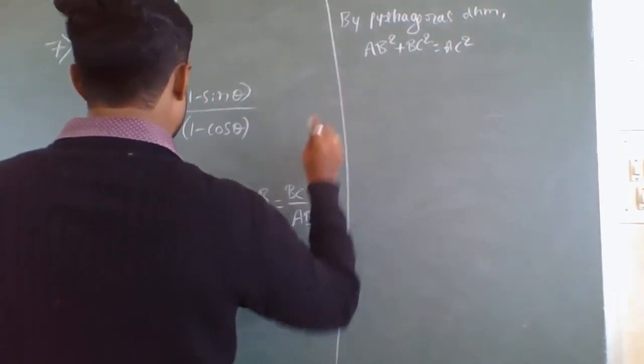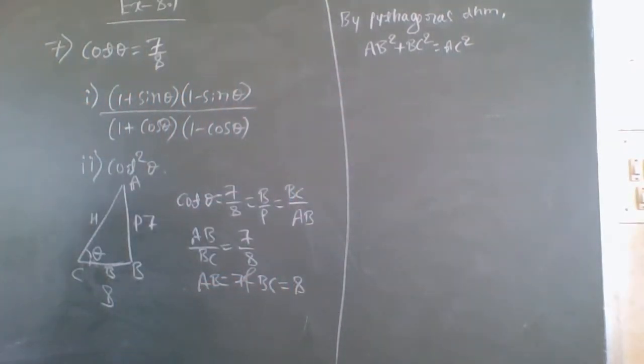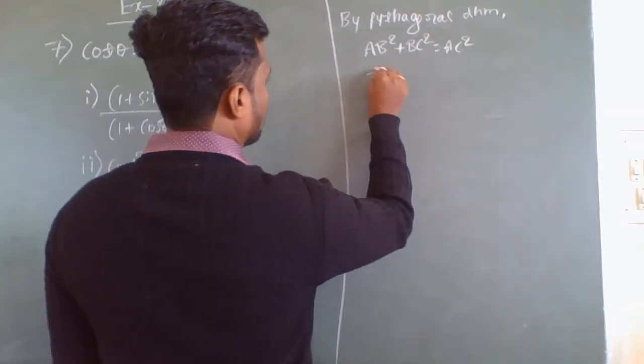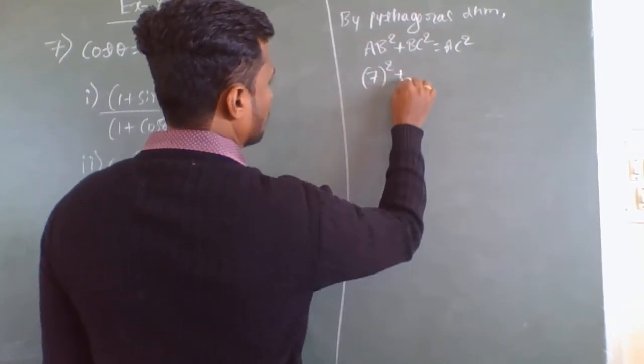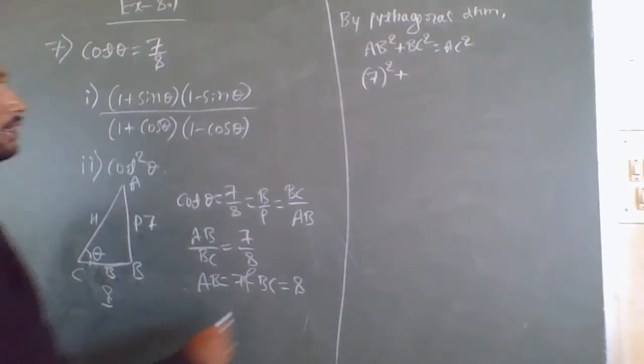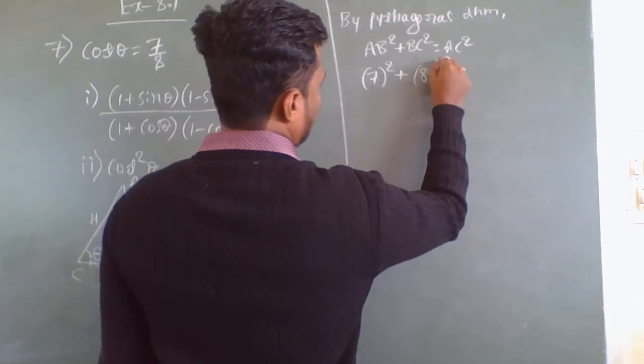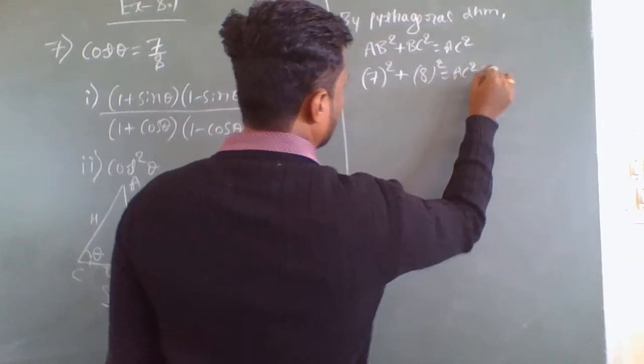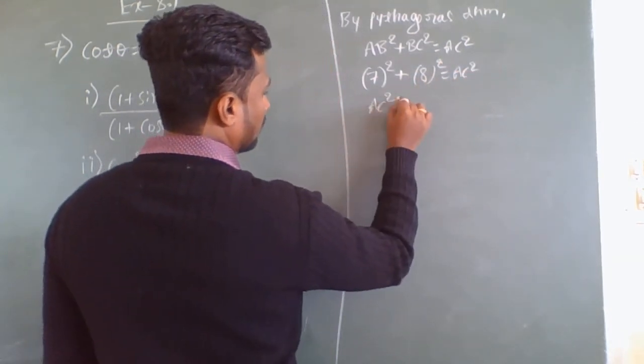Here the length of AB is 7, so I will get 7 square plus BC is 8, so 8 square, equal to AC square. Here we are calculating the length of AC.